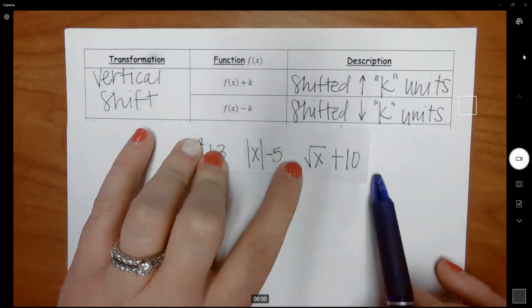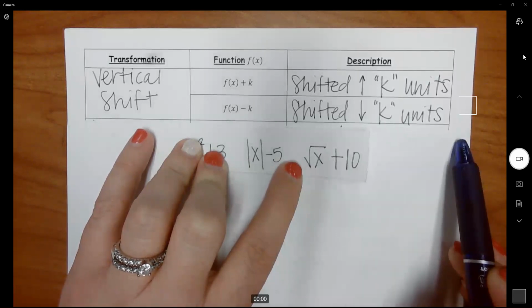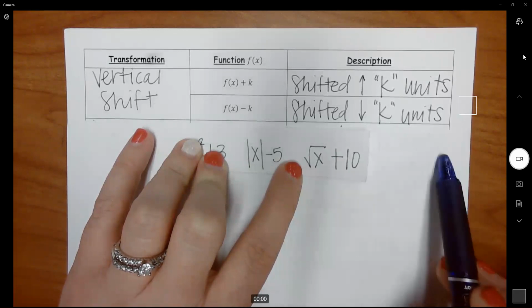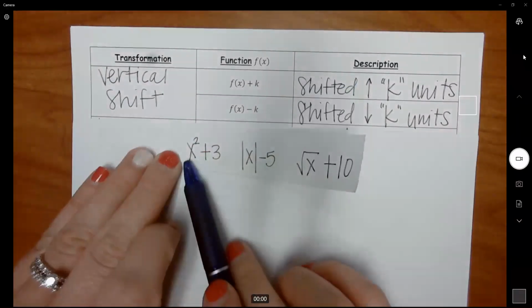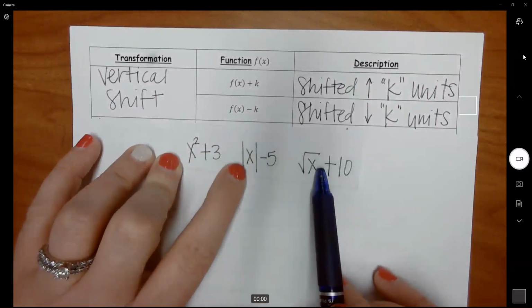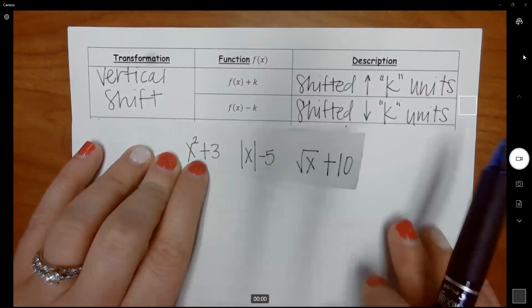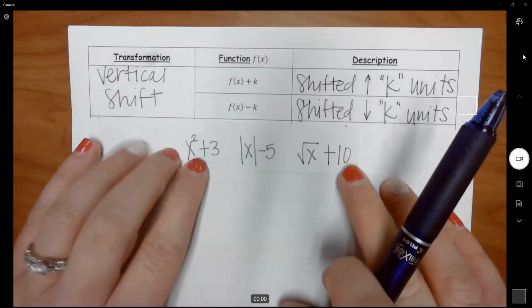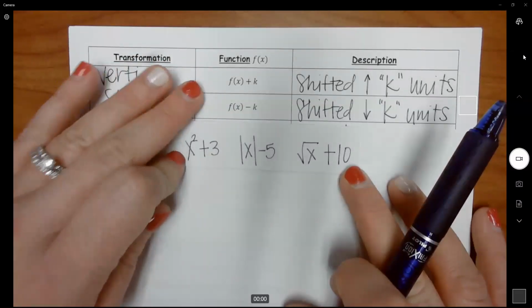Your square root function is, I call it an eyebrow function. It starts here and it just slowly goes up. You're going to take that eyebrow function and shift it up 10 units. So you're taking whatever your function is and either shifting it up or down, depending on if you're adding or subtracting something to the back of that function. Okay, so this is what I mean, and these are some examples of f of x plus and minus k.